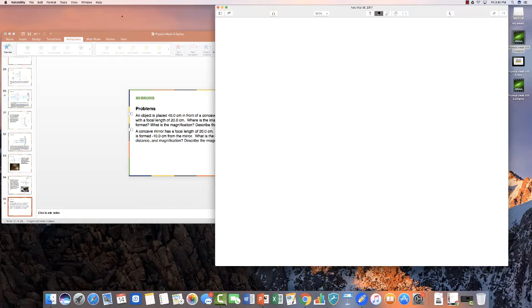So we use the same formula, 1 over d0 plus 1 over di is equal to 1 over f. So d0 is 40, plus 1 over di, and it's a concave mirror, a converging mirror, so f is going to be positive, 20.